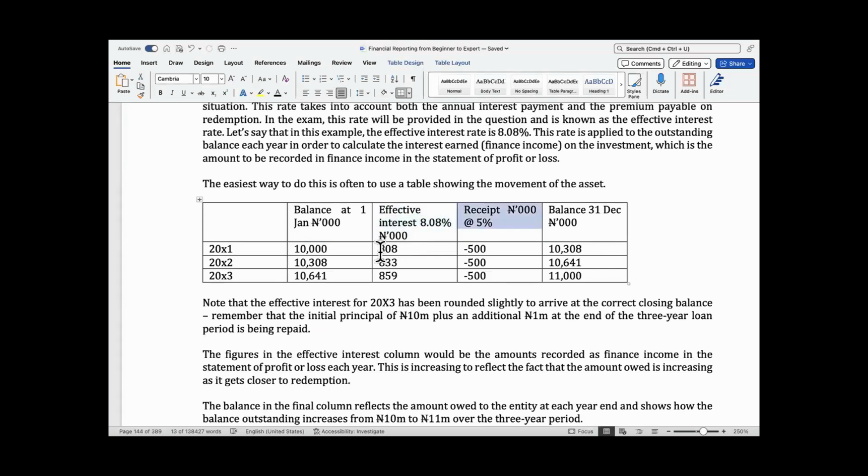That means if you add these three together, 808 plus 833 plus 859, that you say is your income every year, it should give you 2.5. And if you add it, it gives you 2.5. Any amount above 2.5 is just approximation error.